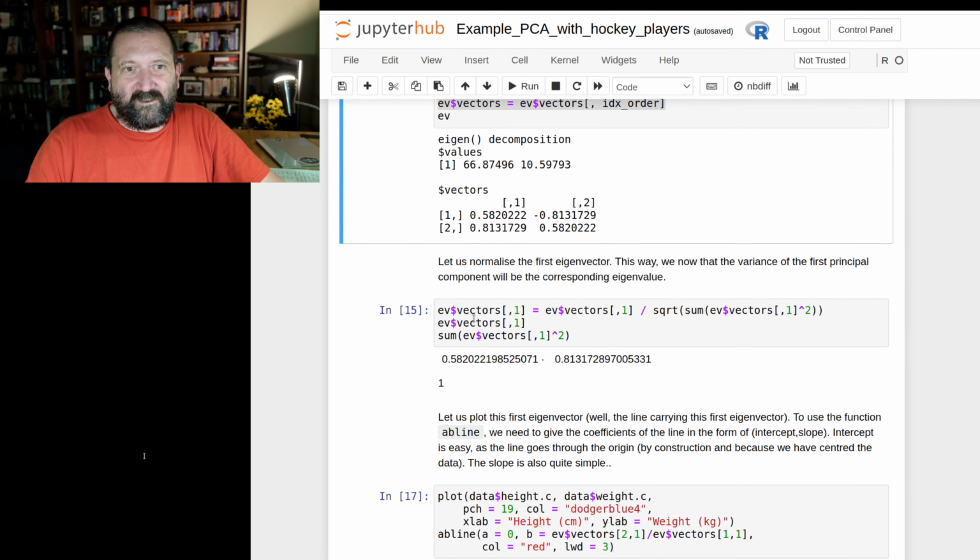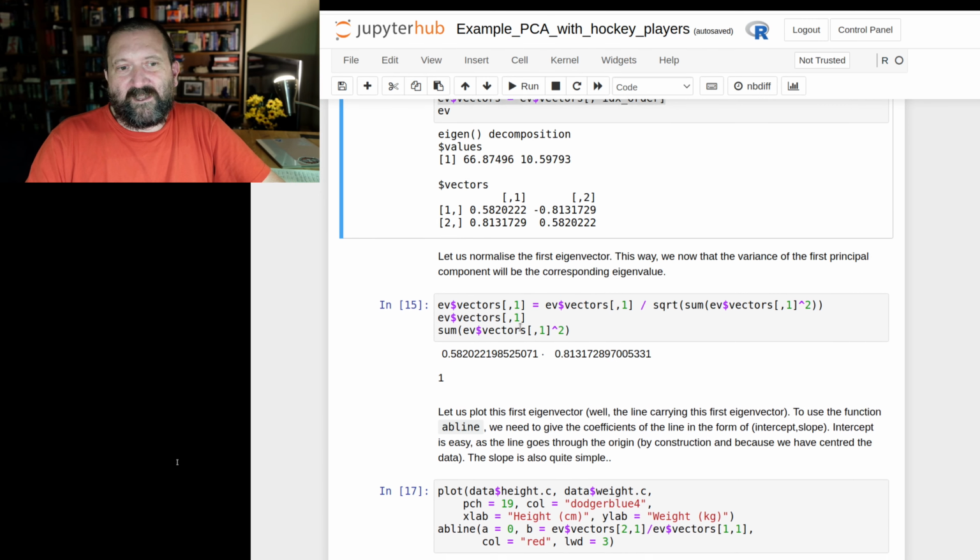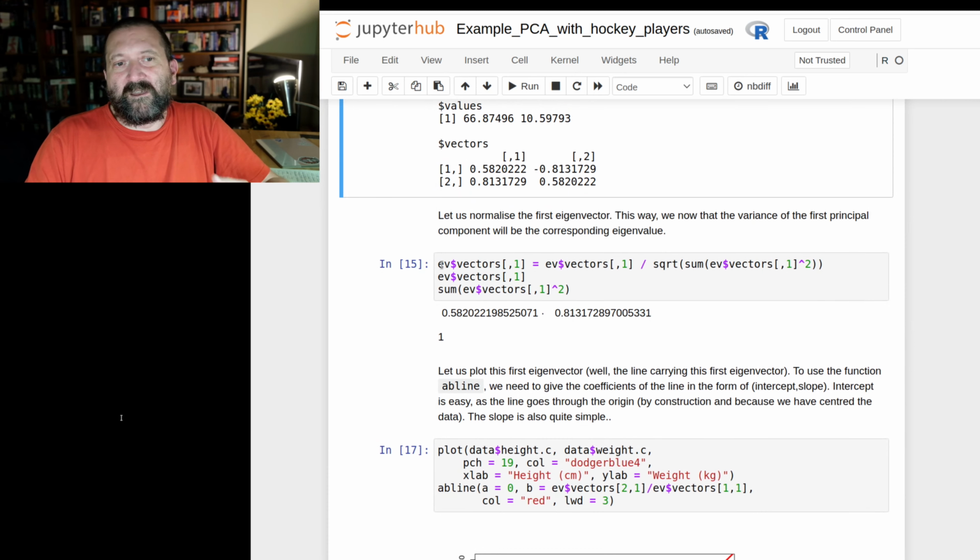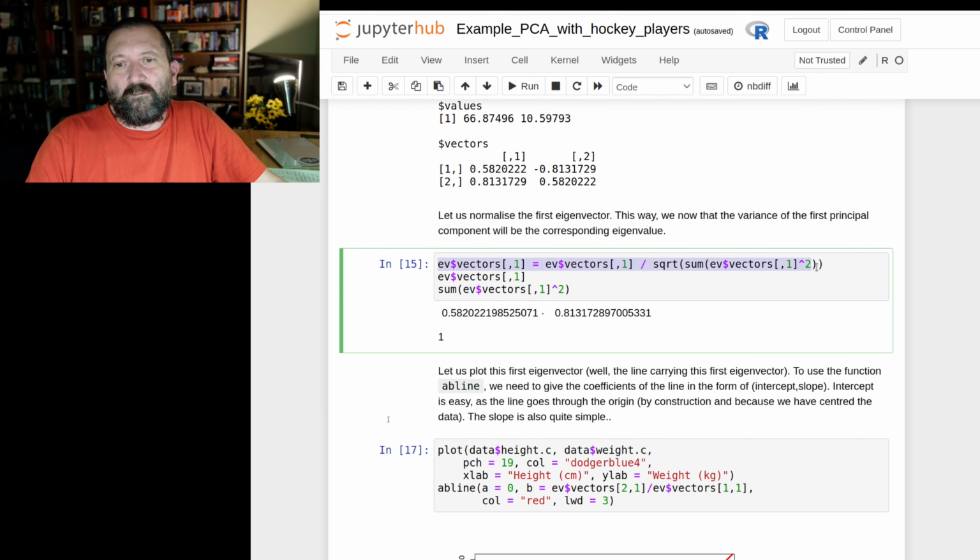Another remark is that what we are getting out of this procedure is also normalized. This doesn't have to be the case. So the same way as we ordered the eigenvalues, let us normalize the eigenvectors. I'm just going to work with the first singular value here.